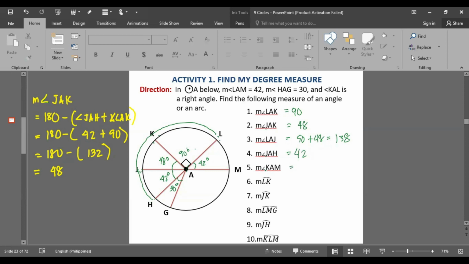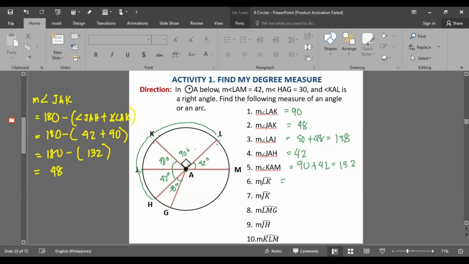Next, measurement of angle KAM. We can get the measurement of angle KAM by simply adding angle LAK and angle LAM. So it's 90 plus 42, we get 132.